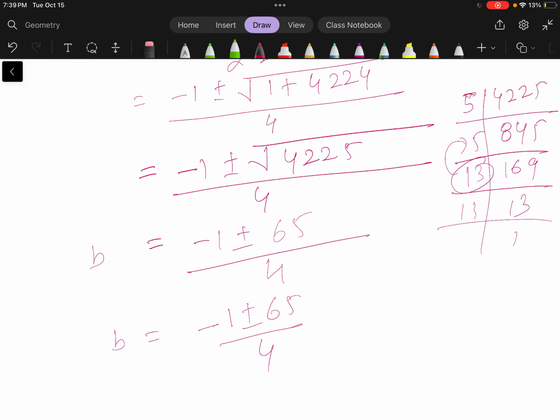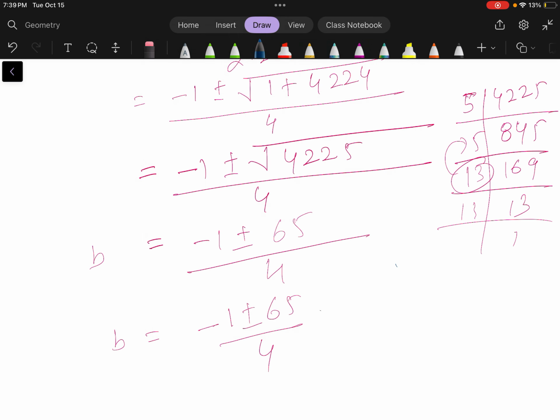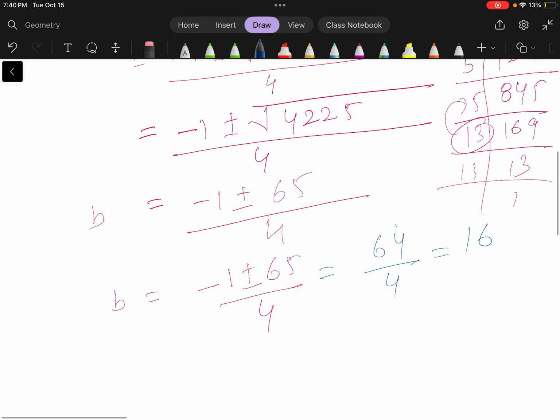So let's have the solution. When we solve this one, the first value will be, when we add this one, minus will be added, it will become 64 divided by 4. So the answer will be 16. So the one value will be 16.